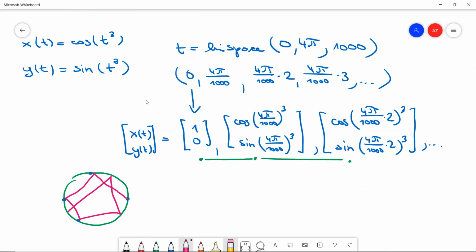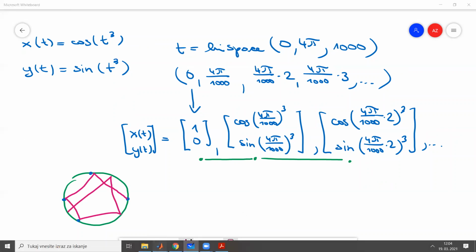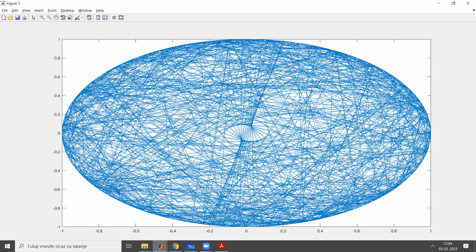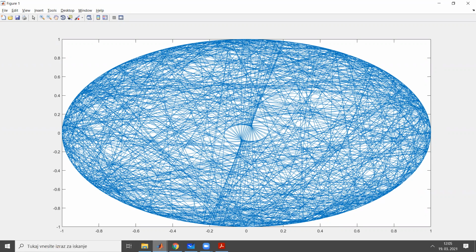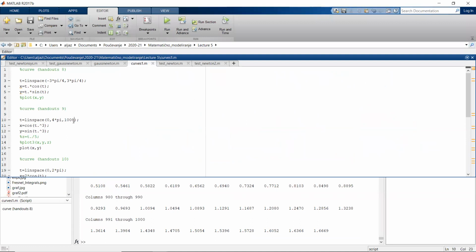So the problem is not that we really get this curve, but that our linspace was not dense enough. We didn't have enough points in the linspace command. If we had enough points, then it would travel densely around this curve. Maybe we can put here 10,000 points.